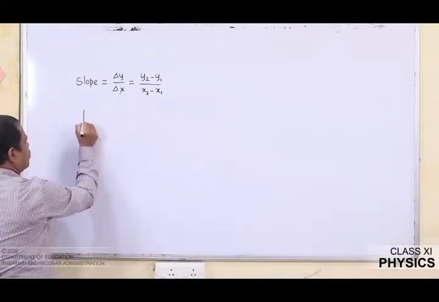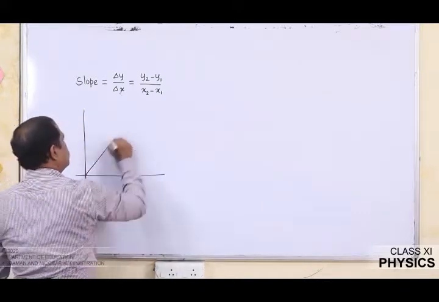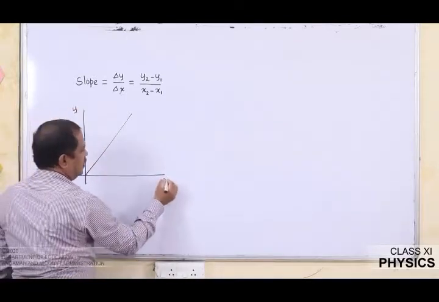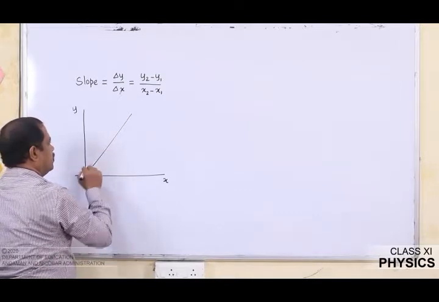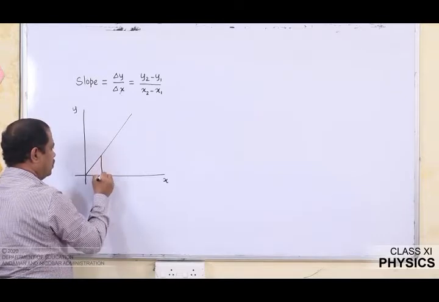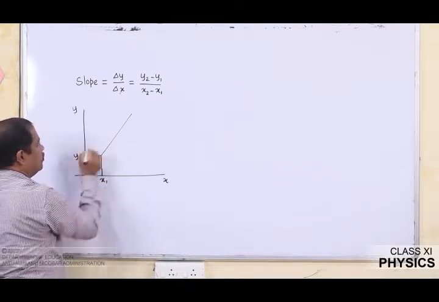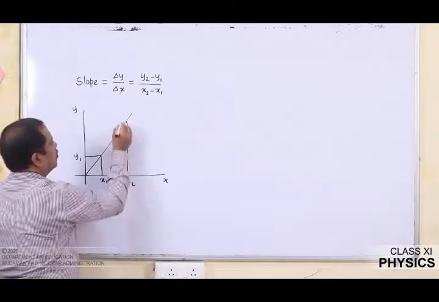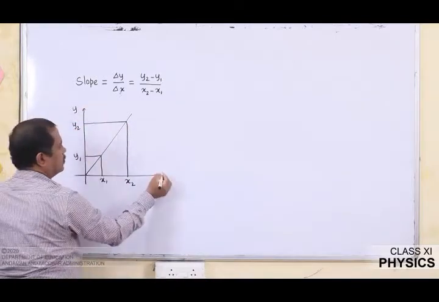If I have a graph, say like this, and this is the y axis, this is the x axis, we already studied the slope calculated on this line. For example, let me say that this is the value of x1, this is the value of y1, and here the corresponding value of x2 is y2, like this.